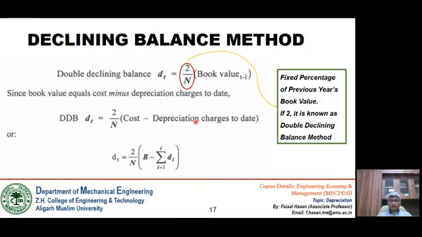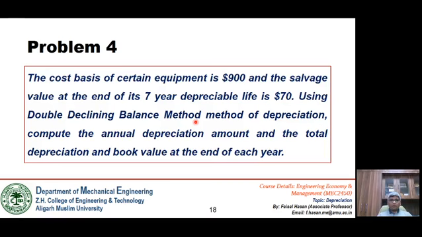So let us again solve a problem, the same problem which we have solved using the straight line method and the sum of years digit method. The cost basis is given, the salvage value is given, and the depreciable life of the asset is given. So instead of 7 it is 5.